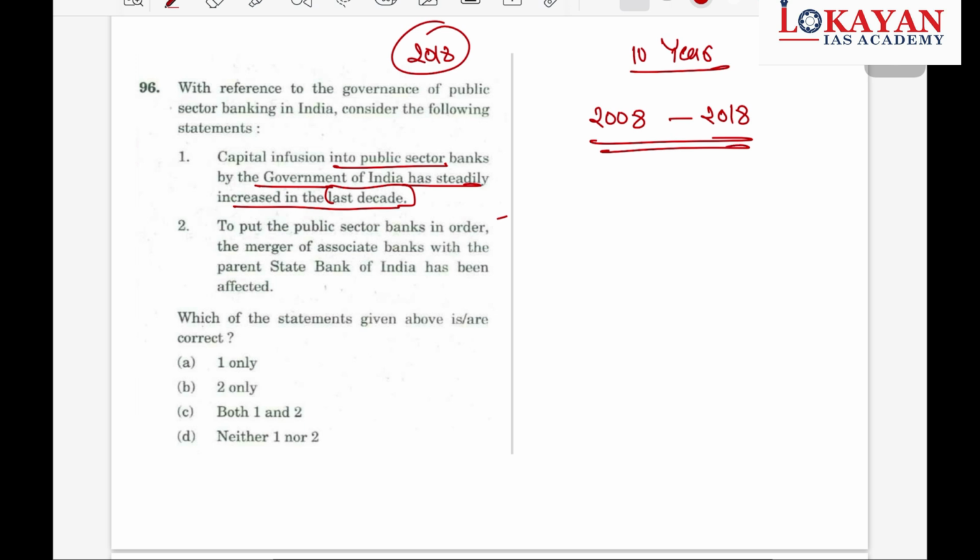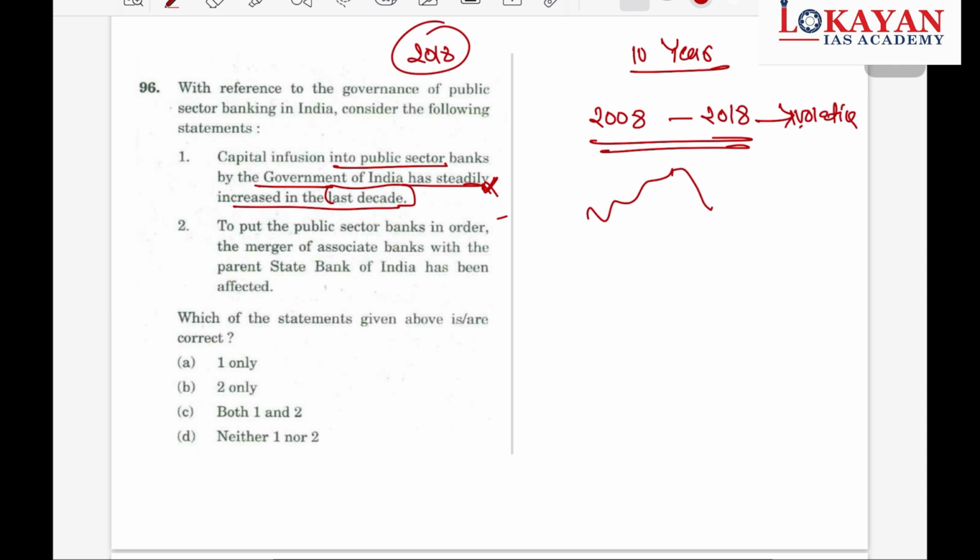There is very little possibility that something will be consistently increasing in this volatile period. At least in some year there will be a dip. So that's why this statement is incorrect, because there is no consistent rise. Remember, the government took various initiatives like recapitalization bonds, etc. But a consistent trend is not there.